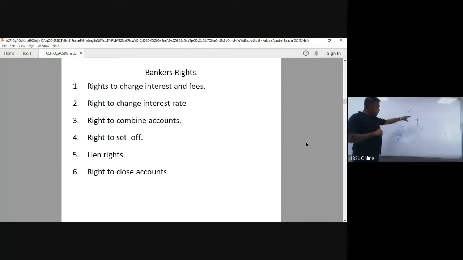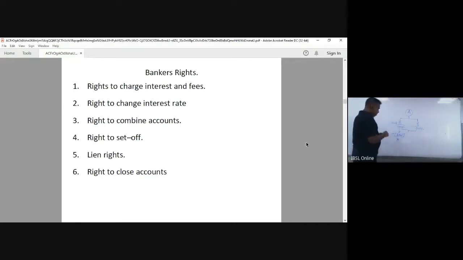Now when you see this scenario, under the law, the bank has another right or another option recognized by law. What is that? That is called combination of account.